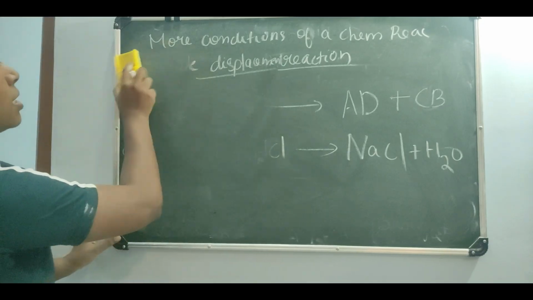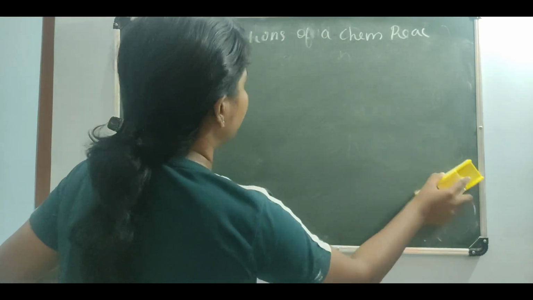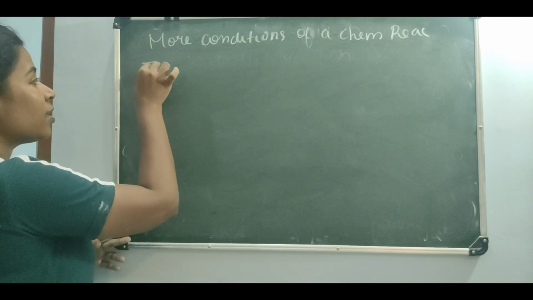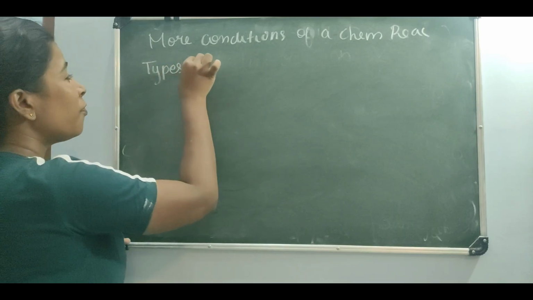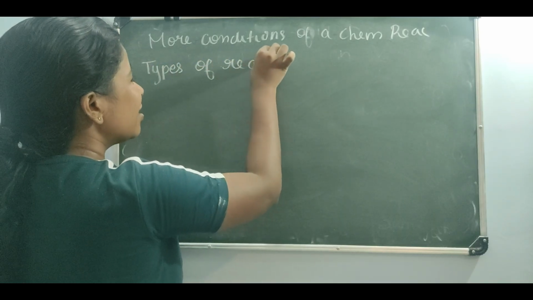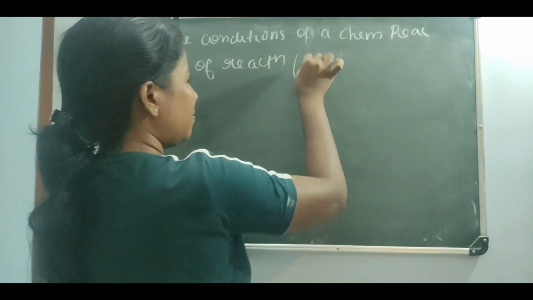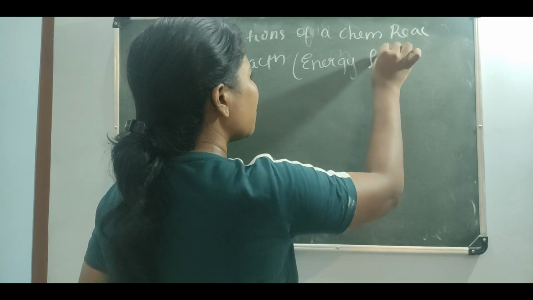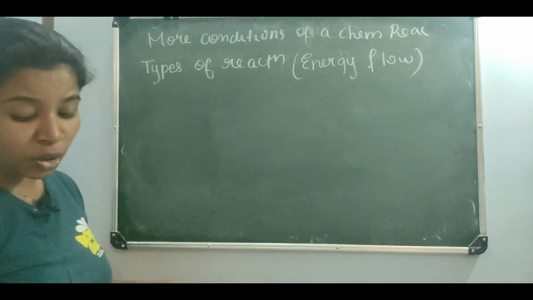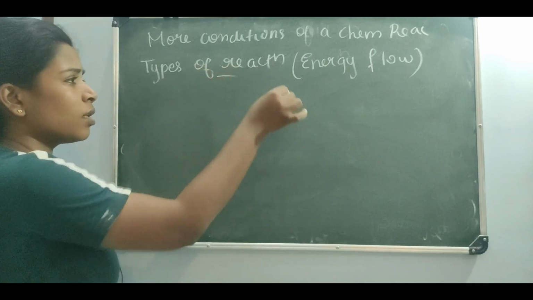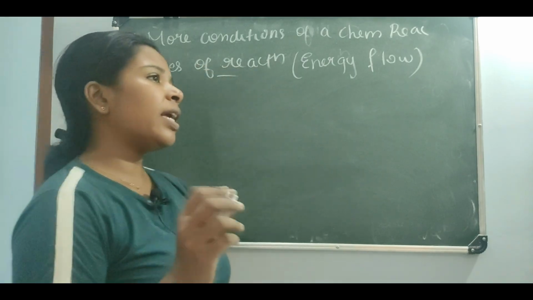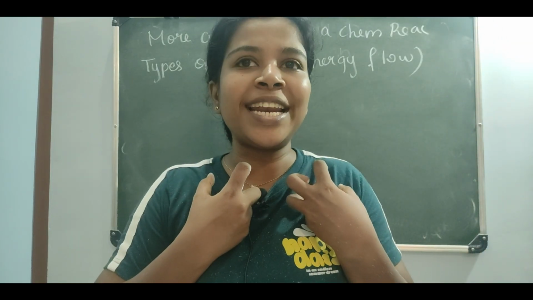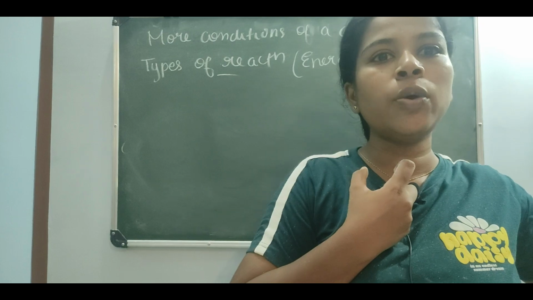Now before going to the fifth reaction, redox reaction, let's see a subtopic, types of reaction based on energy flow. See, when a chemical reaction takes place, in some cases heat will be absorbed by the reactants to change into products.